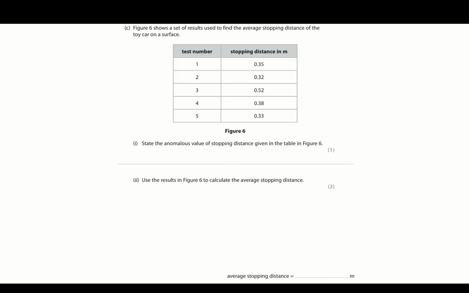Okay, so now we've got some results for this, and we can see, state the anomalous value. One of these is not going to match: 0.35, 0.32, 0.52. You definitely do not match the others. So that's got to be 0.52 meters. It says use the results to calculate the average stopping distance. Now the crucial part is, whatever the anomalous one is, we do not include it in our mean.